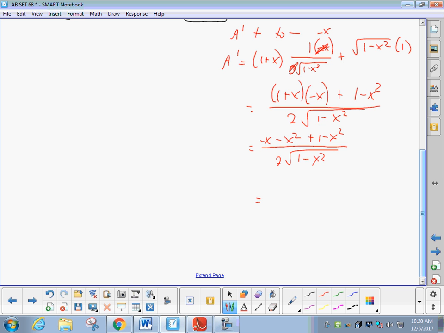Guess I could have taken out 1 plus x from both sides, huh? I think it would have been better to call this 1 plus x, 1 minus x, so I could take out 1 plus x.